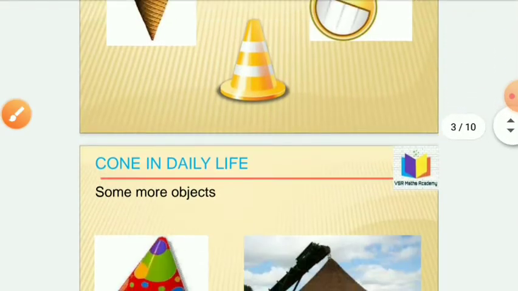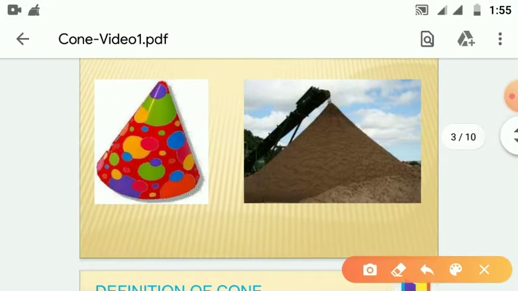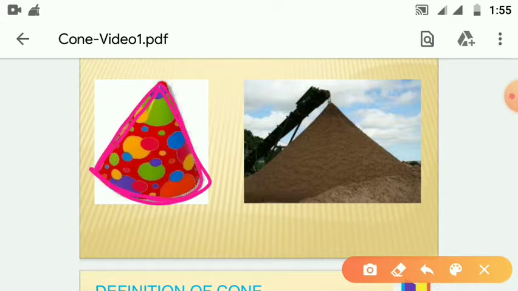So, some more examples. For example, see this. This is a cap used by children in birthday parties. What is the shape of this cap? This is in the shape of a cone.